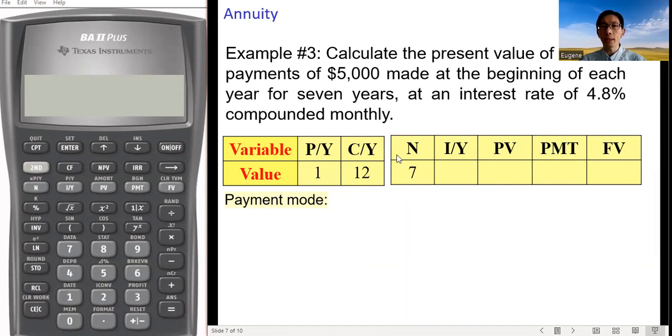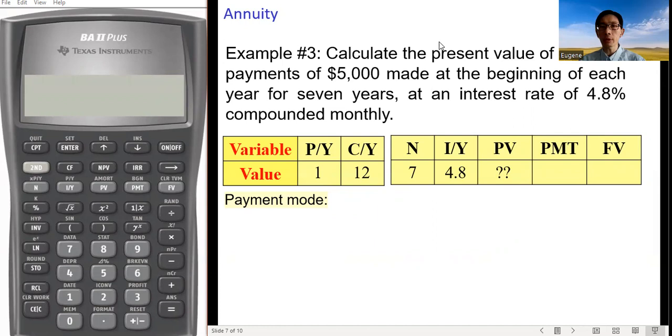And then N is 7, the total number of payment periods. The annuity lasts for 7 years and the payments are made every year. IY, 4.8. PV is the variable we need to compute.